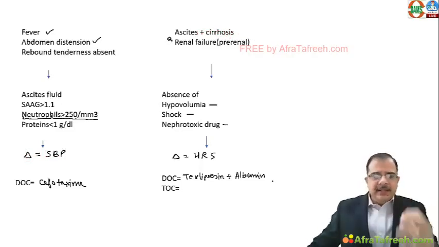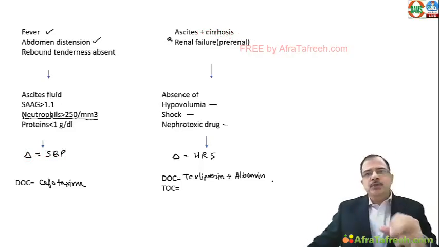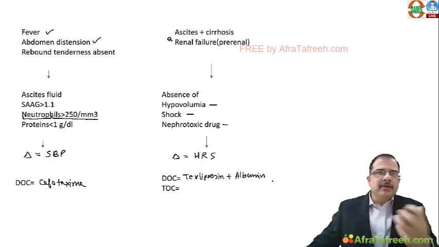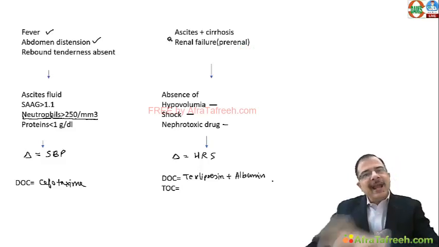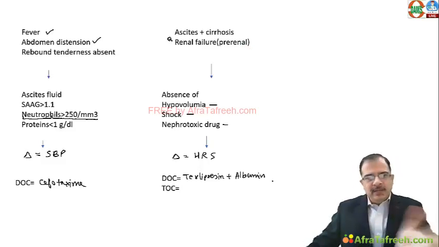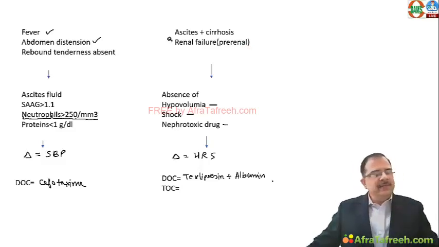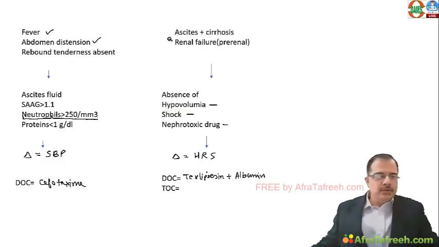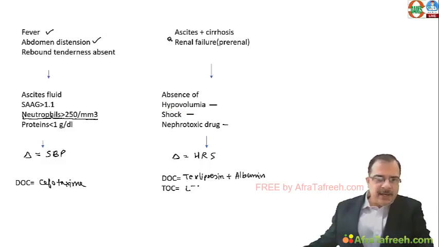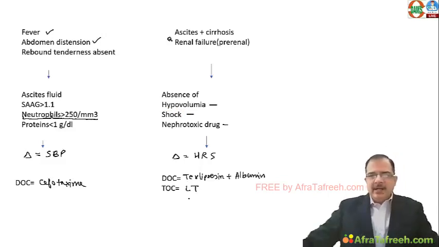In the recently concluded exam, the options were furosemide, spironolactone, and octreotide with albumin. That is also true, but the drug of choice here will be terlipressin with albumin. But if it is not given in the options, then octreotide can also be given. The treatment of choice is nothing but liver transplantation. LT is the treatment of choice here.